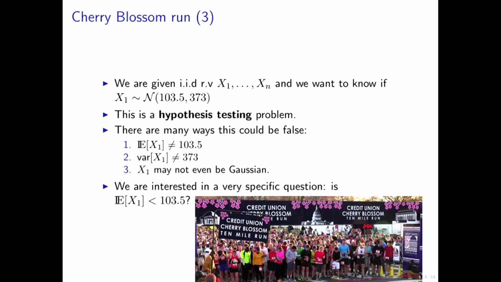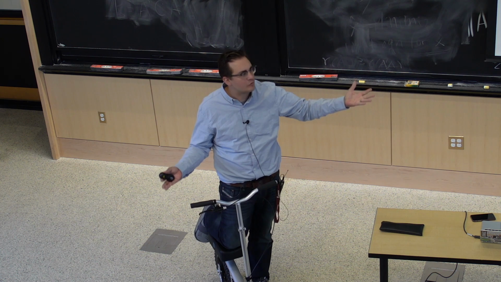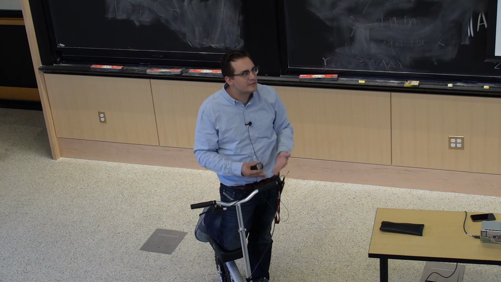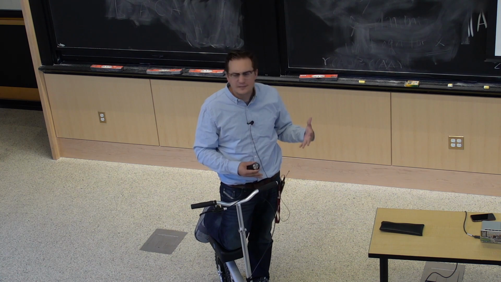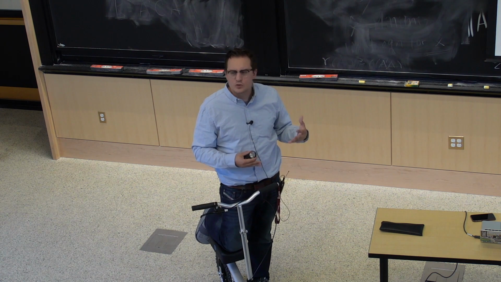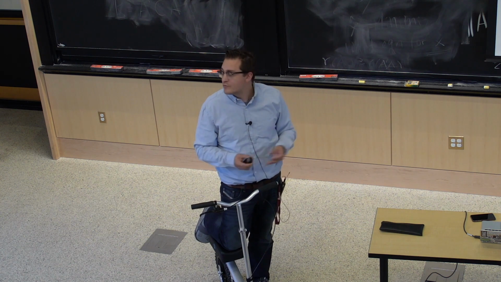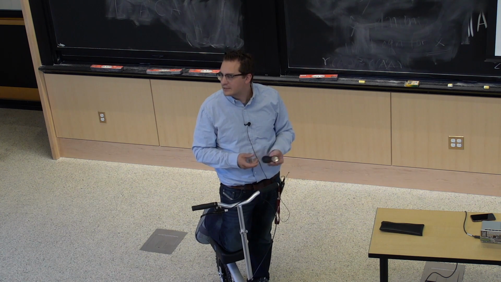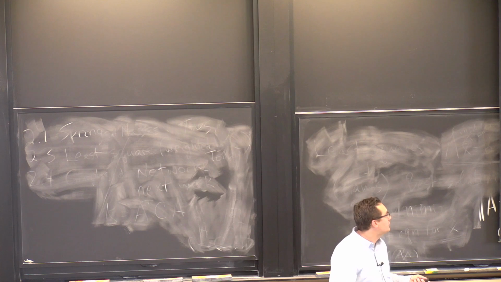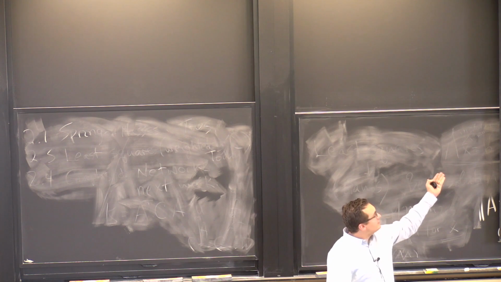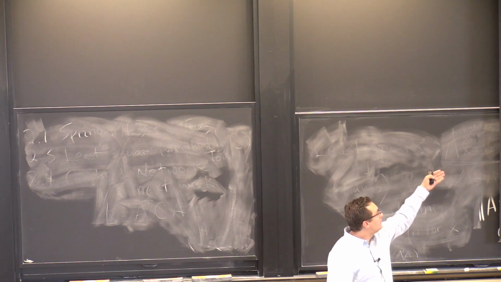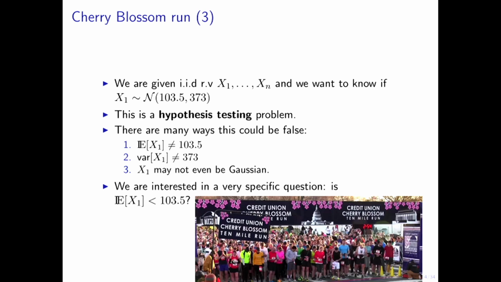The hypothesis in common English, we just said, was: were runners running faster? Right? Anybody can formulate this hypothesis. Now, you go to a statistician, and he's like, oh, what you're really asking me is, does X1 have a Gaussian distribution with mean less than 103.5 and variance 373? That's really the question that you ask in statistical terms. And so if you're asking if this was the same as before, there are many ways it could not be the same as before.